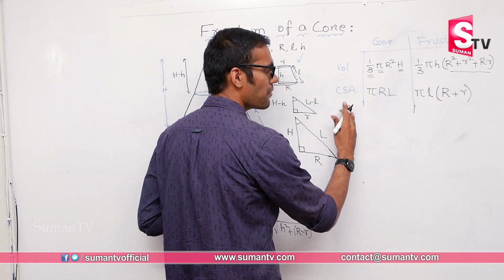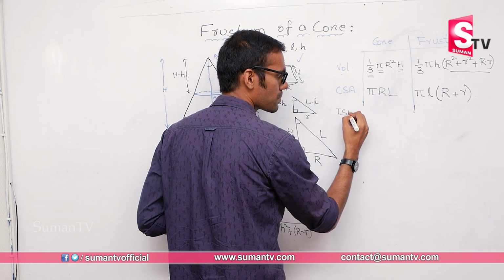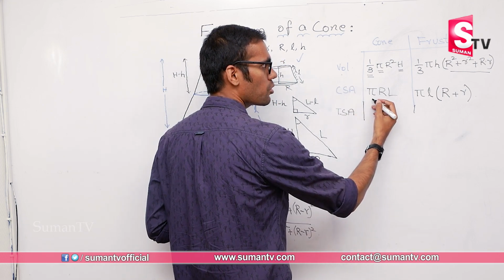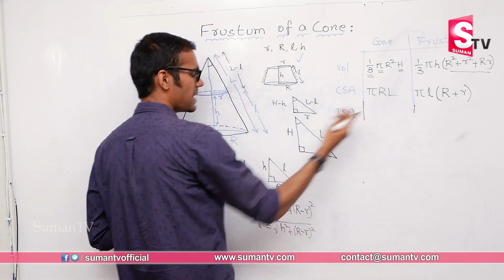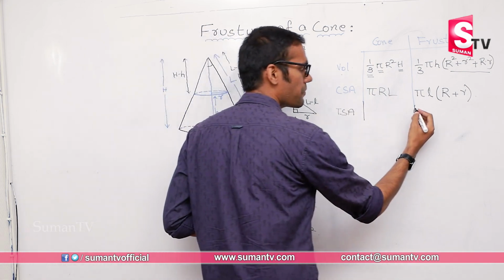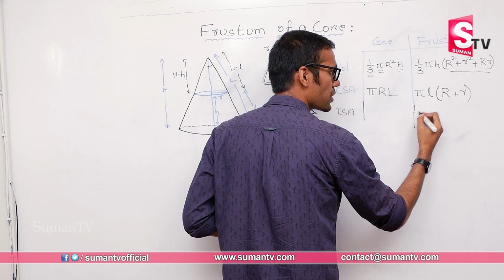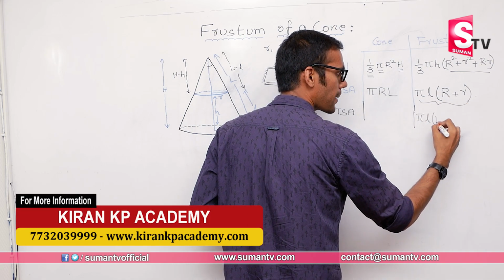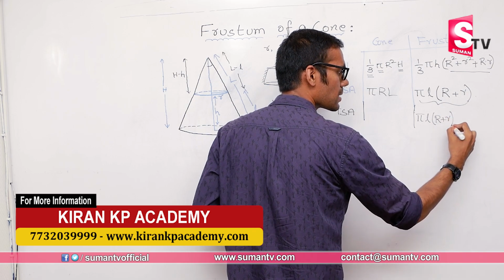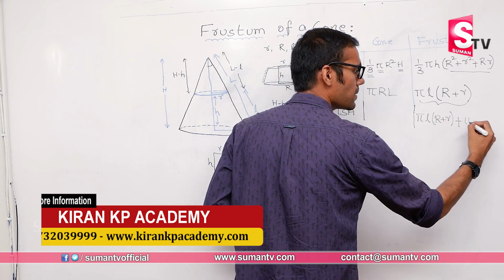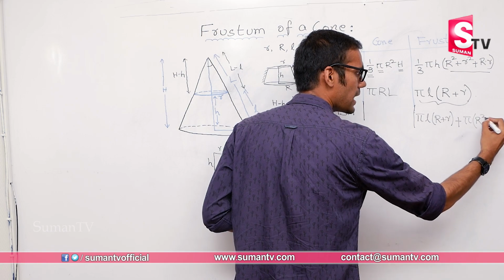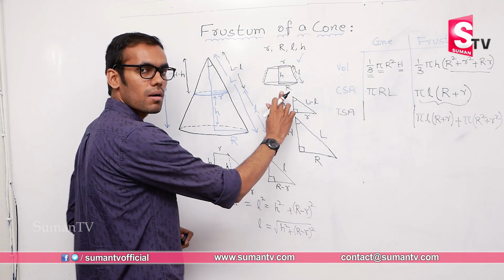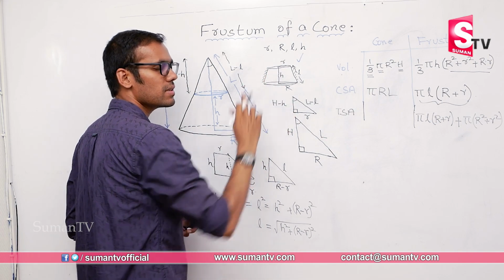Now if I have to write the TSA, what will it be? You don't have to worry about the cone, it will be pi r l plus pi capital R square. But we need it for frustum. So it will be CSA, pi small l into (capital R plus small r), plus pi (capital R square plus small r square), which is nothing but the area of the bottom circle plus area of the top circle.